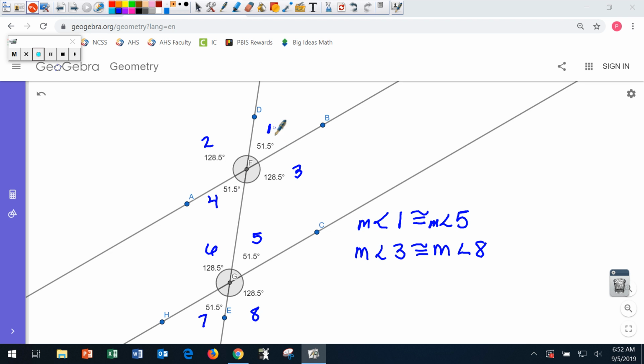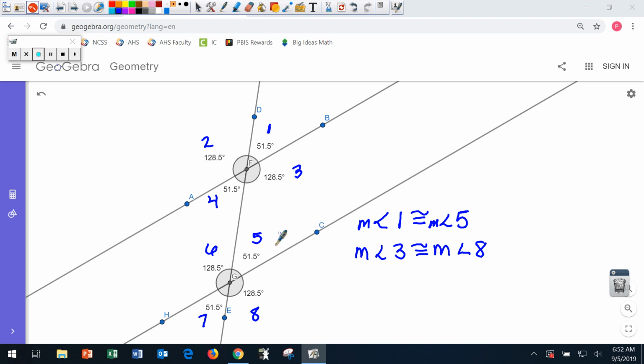Alright, so if you look at the measure of angle 1, it is on the top of the parallel line, it is on the top of the line AB. Now if we look down here, angle 5 is on the top of line HC.